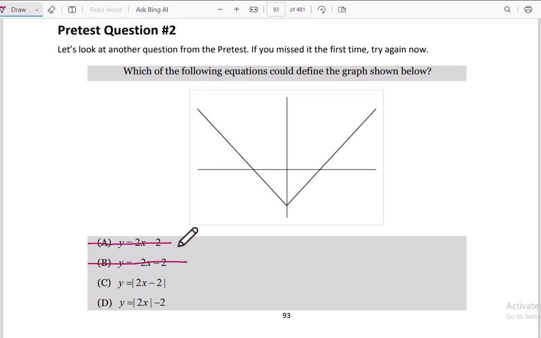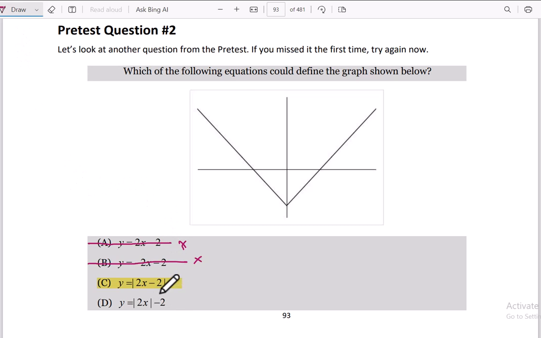They don't make sense right here, so they're out. Now look at this other graph. In option C, every value is in the absolute value bar. Because they are all in the absolute value bar, we don't expect to have a negative in this graph. But this graph here is having a negative, so it doesn't make sense.